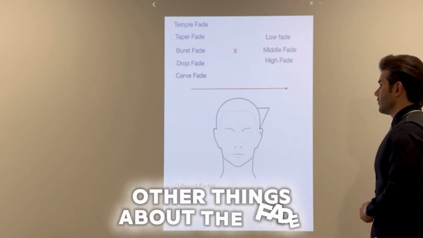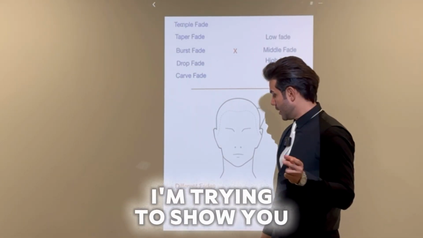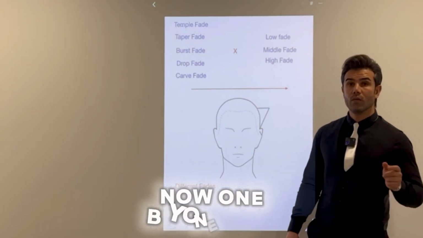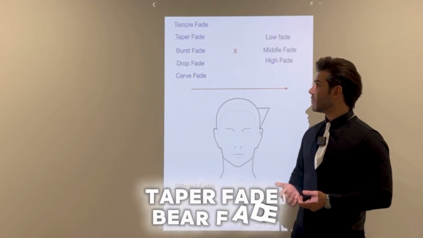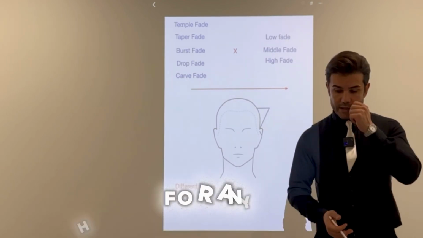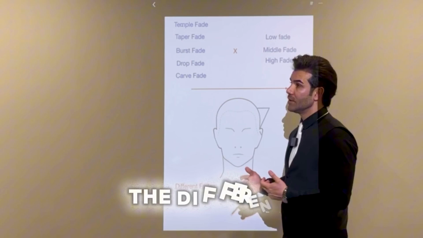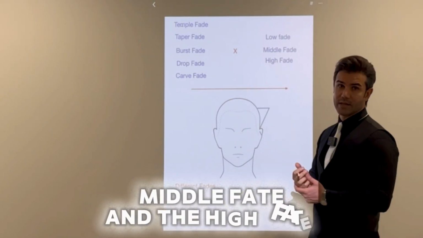Other things about the fade, there are many types of fades. I'm trying to show you in the photos or the videos here now, one by one. You can see the temple fade, taper fade, burst fade, drop fade, or curve fade for any haircuts. So for each one, the difference is they have the low fade, middle fade, and the high fade.